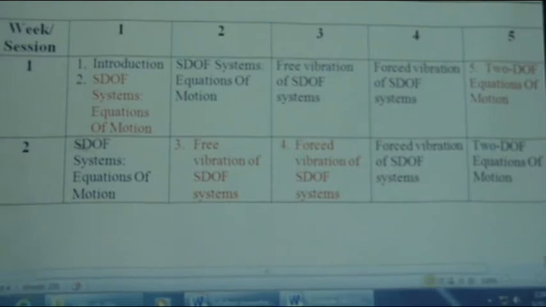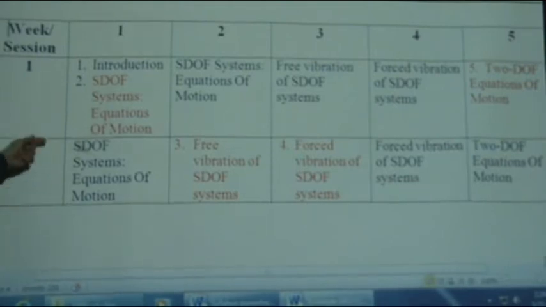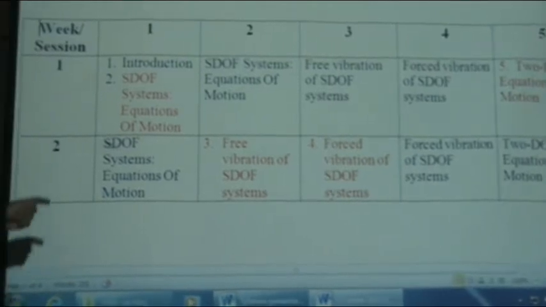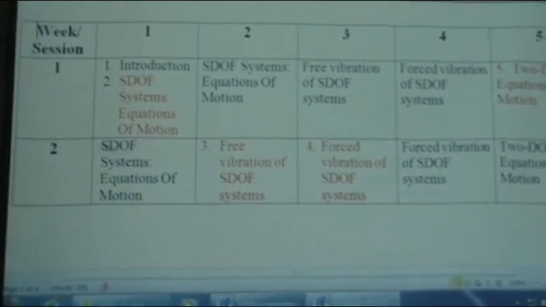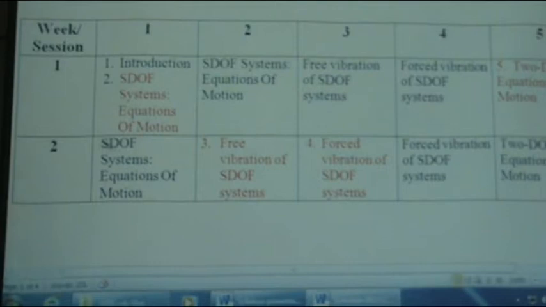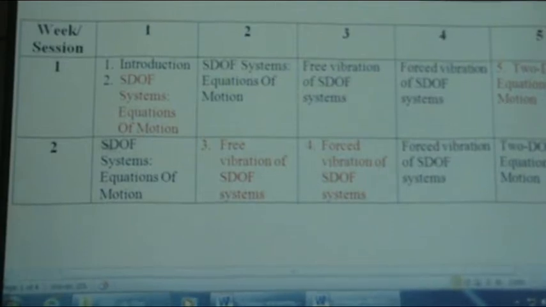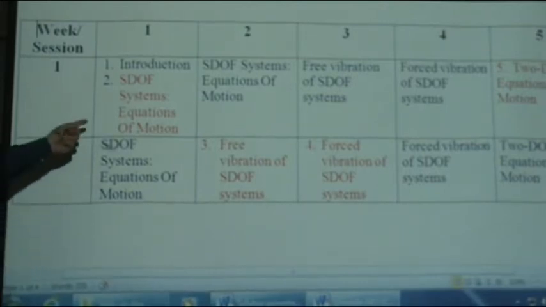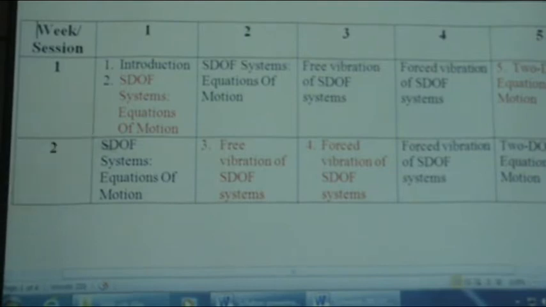And here is what we'll cover each week. So the first week we'll talk about the introduction and see an overview of an investigation of the dynamic performance of a system because of some excitation. Then we'll start talking about single degree of freedom systems, and the first topic is equations of motion.